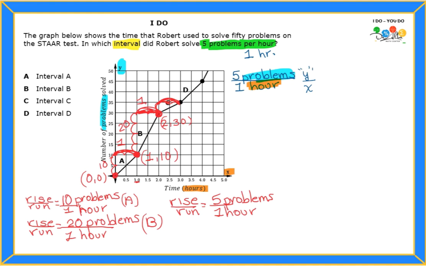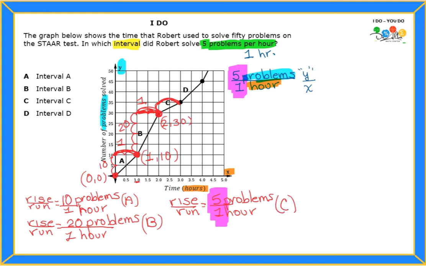Okay? And I'm gonna erase a little bit so that we can see the actual C, which is the interval for that. So what do you notice right now? What did I find in this case? It is the same, right? My problem gave me 5 over 1, and this is my C interval.